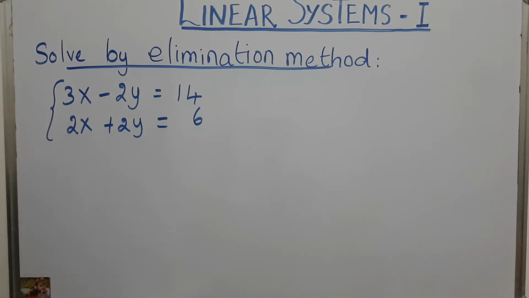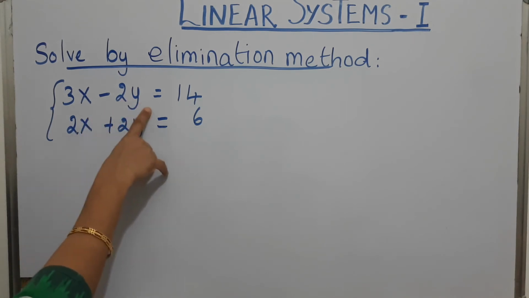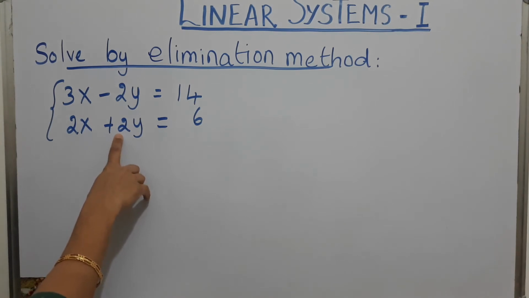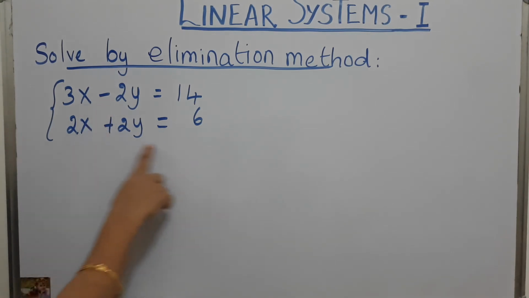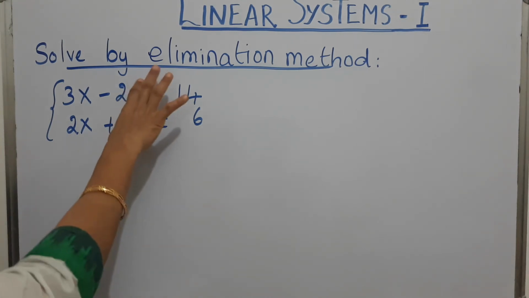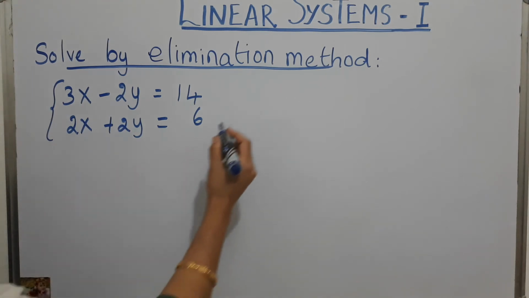If you are not able to eliminate, then you have to rearrange or multiply to make it the same. See, in this case, you have minus 2y and plus 2y, so they have the same coefficient but different sign. When you add these two equations, this will be eliminated. So this is how you solve by using the elimination method.